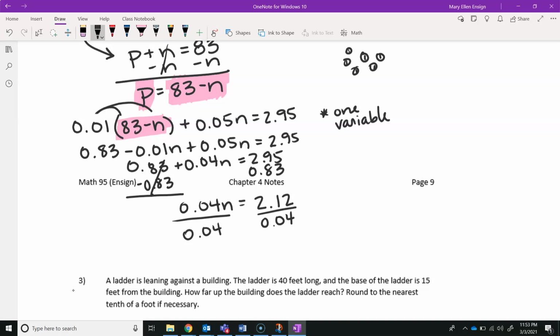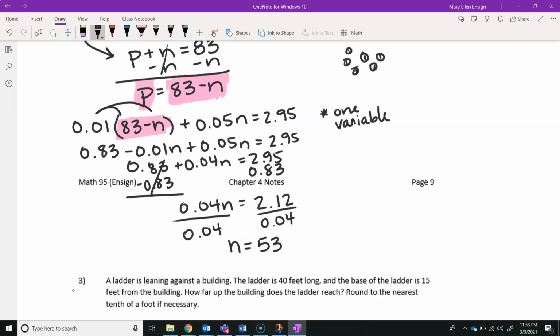I'm going to do this on my calculator. So I have, let's see, what did I say? 212 divided by 4/100 actually, sorry, is going to be 53. So again, when you get to the end of a problem, I don't know about you, maybe it's just because I'm old, but sometimes I'm like, n is 53, that's great.